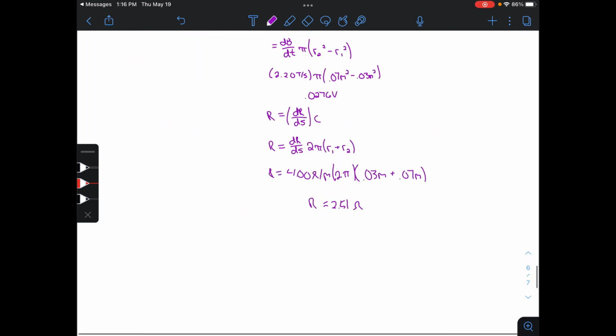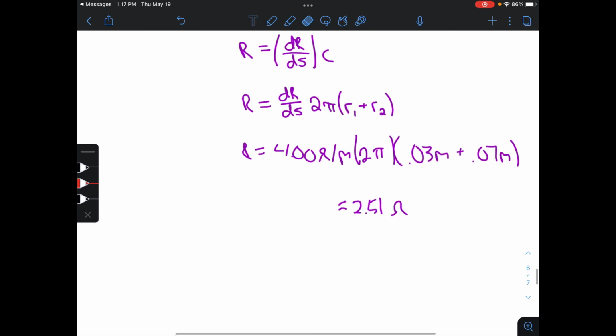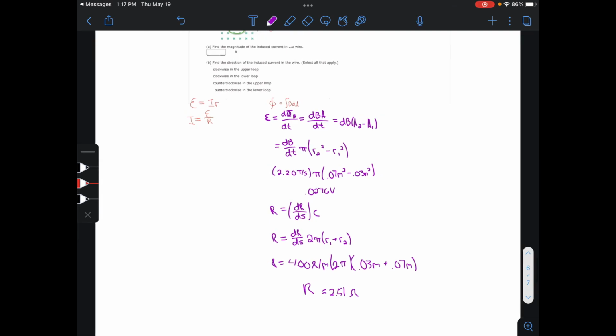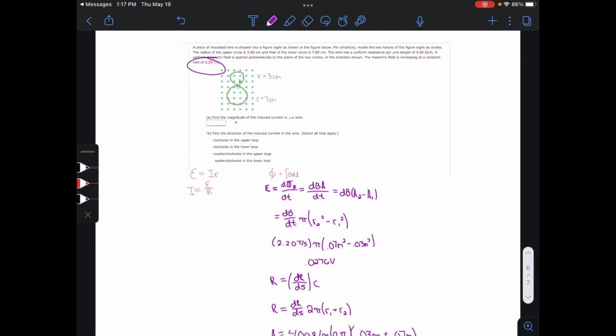Okay, so hopefully I can explain this in my own words. So we know we had to use Kirchhoff's, right? I believe it's E equals IR, but we need to define current, so I equals EMF over resistance. We didn't have either of those, so first we had to find the volts.